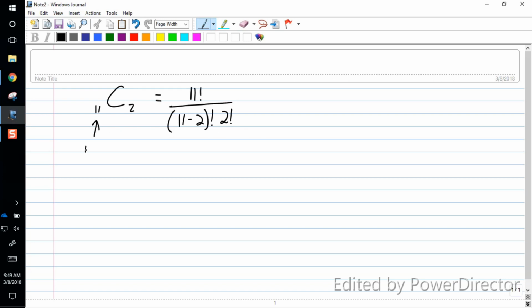So this is my n, and this is my k, or my r, depending on what you want to call it. All right, so one way that I could do this out longhand pretty fast is that I'll have 9 factorial times 2 factorial. So you step the numerator down until you get to 9 factorial. So 11 times 10 times 9 factorial.